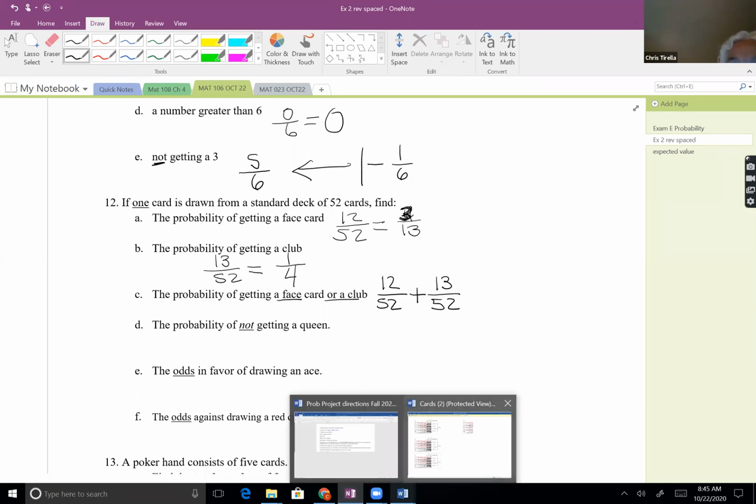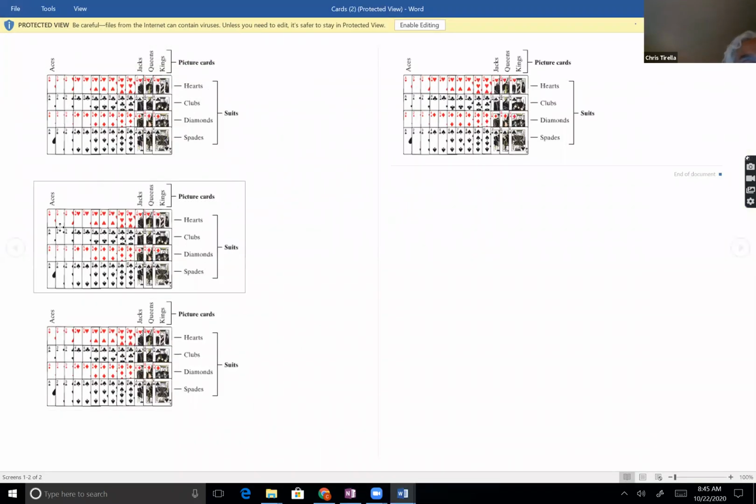But if I go back to my picture, if I look at the clubs and look at the face cards, does everybody remember there are 3 cards that are being counted twice? And I can't do that.